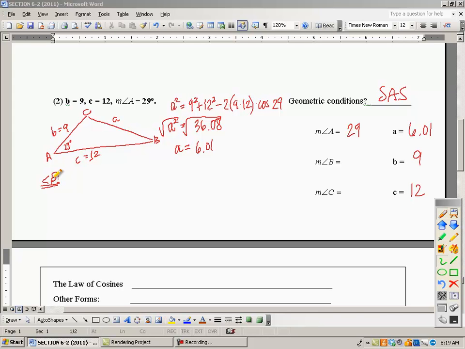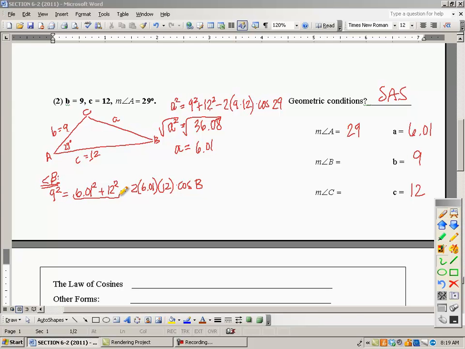I set it equal to B squared. So 9 squared equals, and I use my two other sides, 6.01 squared plus 12 squared minus 2 times 6.01 times 12 times the cosine of B. Now here's what I'm going to do.